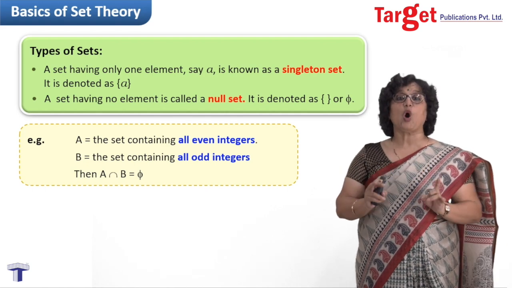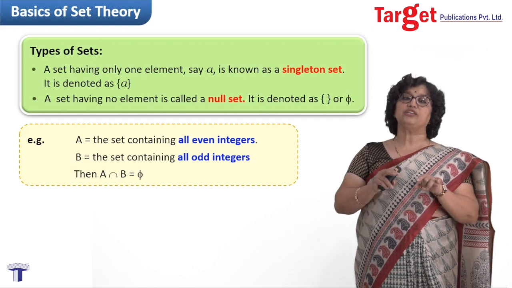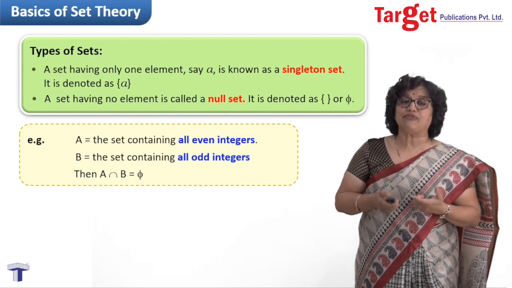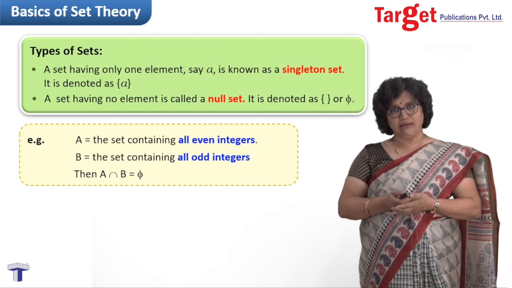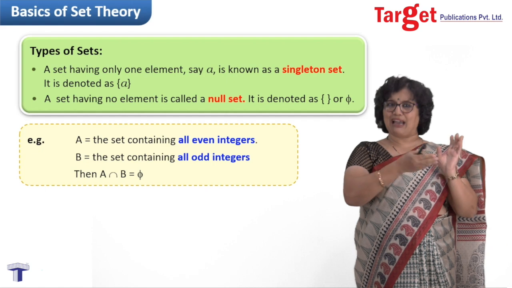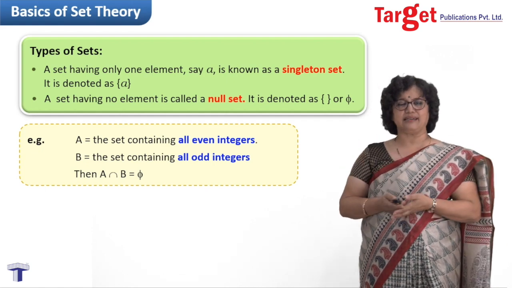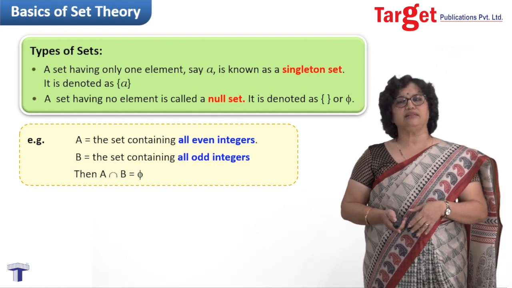Means there is nothing common between those two sets. And for A intersection B, we write only the common ones. So it is phi, and so it turns out to be nothing but the null set. So in this example I tried to show that whatever we have learned just now, intersection, we can combine with null set.